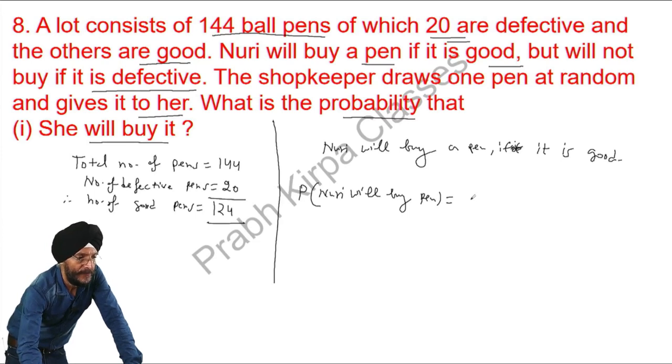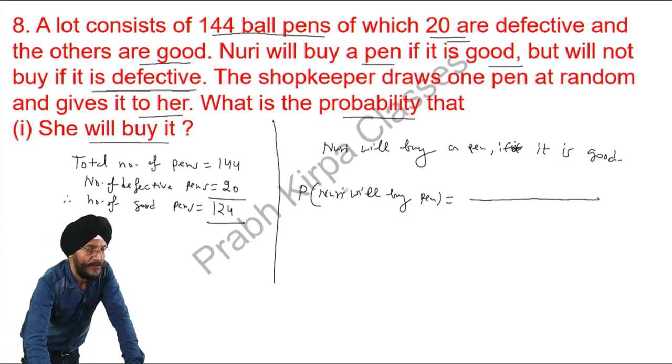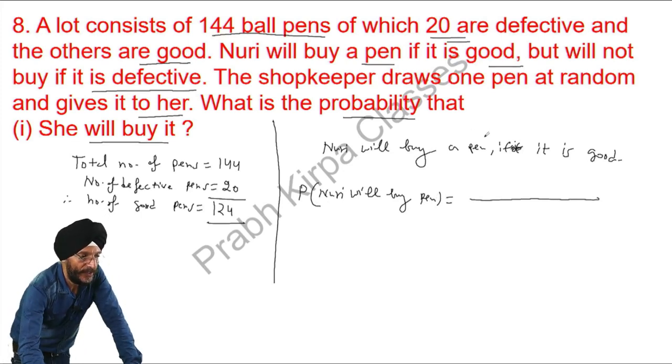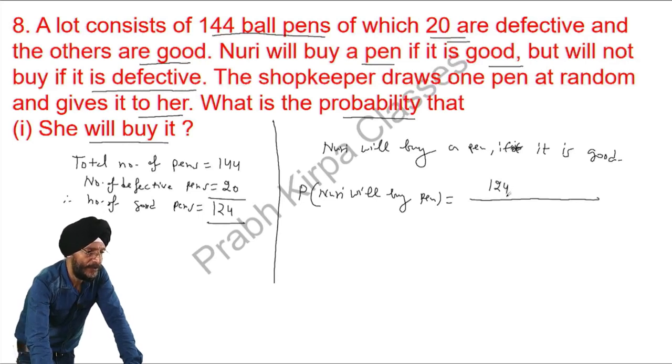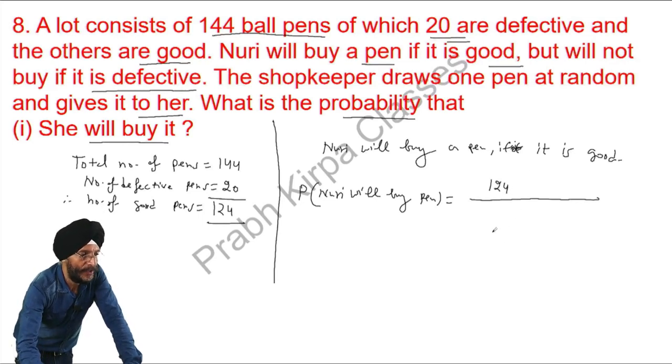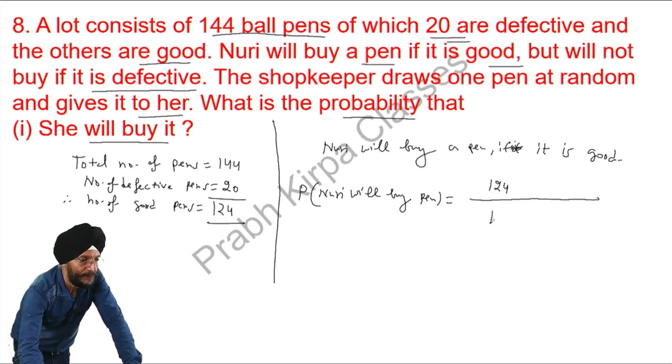So here, what is the probability of Noori buying the pen? Noori will buy the pen if it is good. So here, the number of favorable outcomes are the number of good pens. The number of good pens are 124. And what is the total number of pens or the total number of possible outcomes? These are 144.